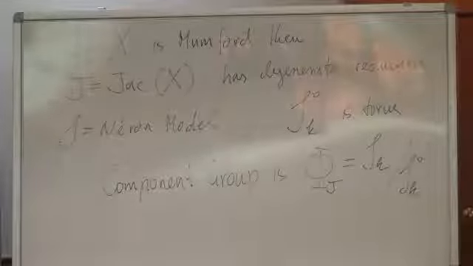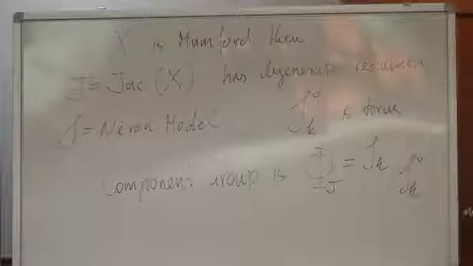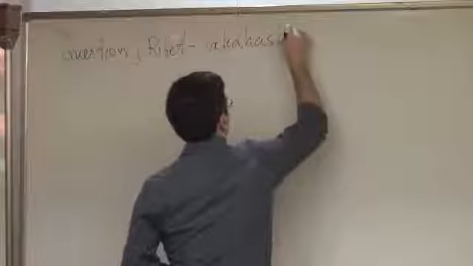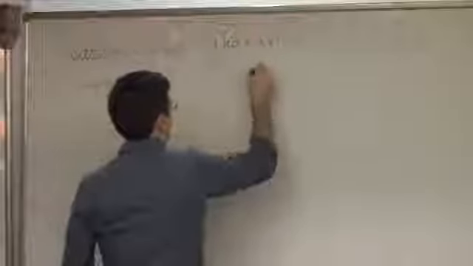All right, so I pretty much defined everything I want, and now I can state the main question that I was trying to understand with Rabinoff. The question is due to Ribet and Takahashi. Suppose pi is optimal and X is Mumford.